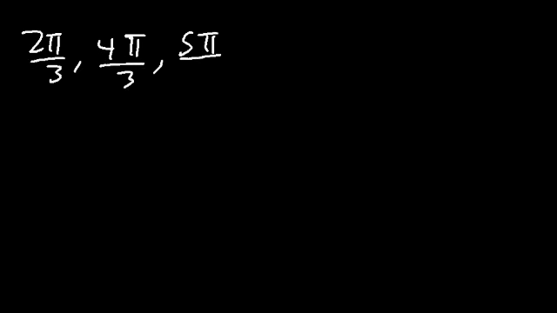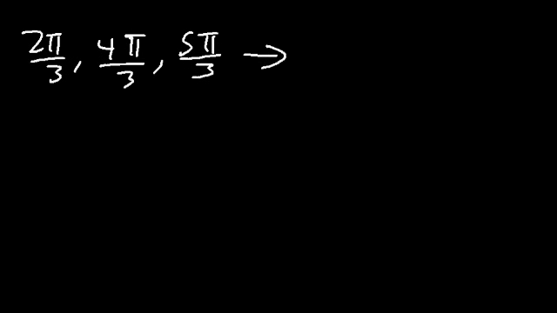Now, what if you're given an angle in radians? How can you find the reference angle? Well, there's some things to know. 2 pi over 3, 4 pi over 3, and 5 pi over 3. These are all angles that are commonly found in a unit circle.